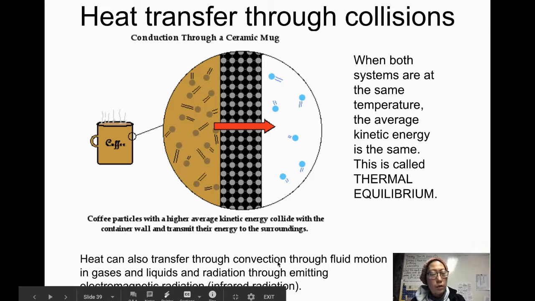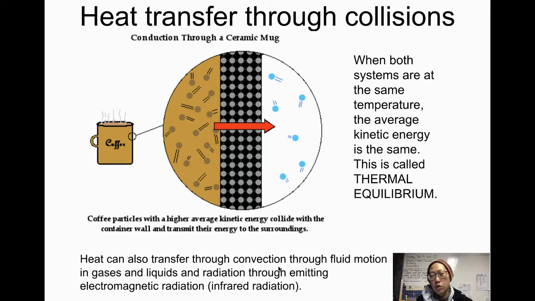There are two other ways that heat can be transferred. Through convection, which is fluid motion, okay, the motion of fluids carrying particles with higher kinetic energy to areas with lower kinetic energy. You may have heard the term heat rises, and so this is a form of convection.